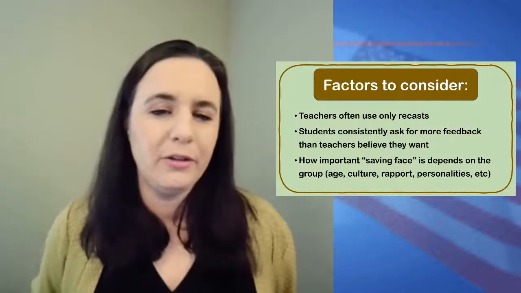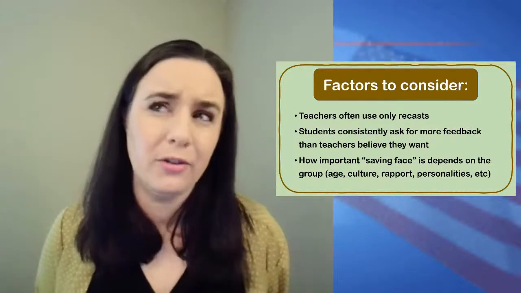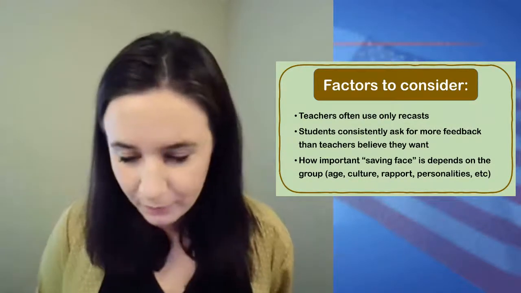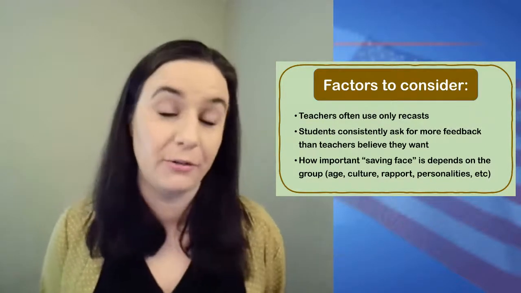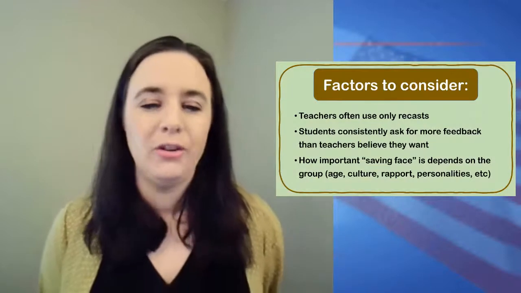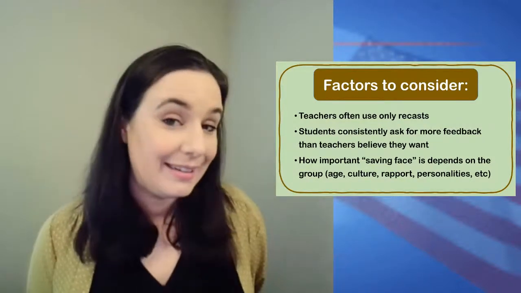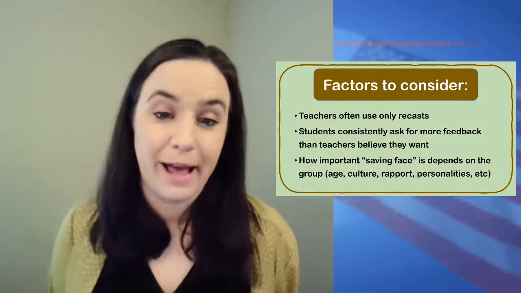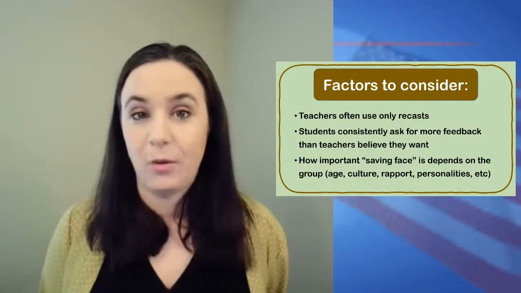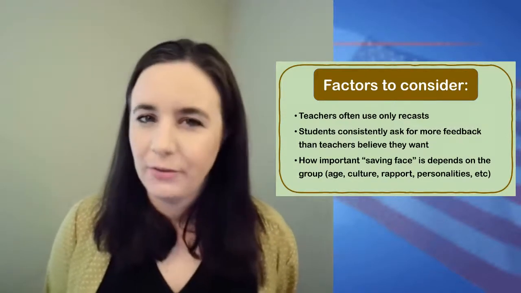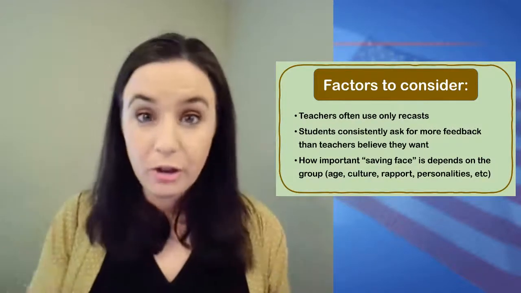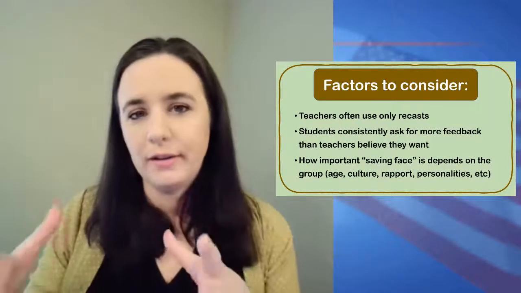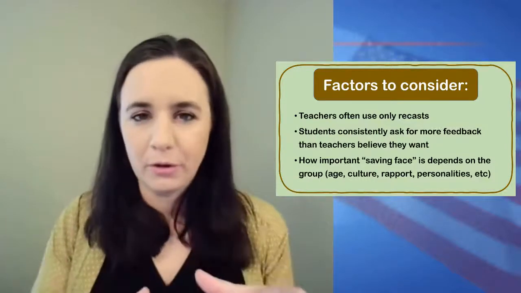Another thing that's really interesting when you look at the research on this, and like I said, this model was written back in 1997, so people have been working with these six for a long time. Students consistently ask to be given more corrective feedback than teachers believe they want. It's kind of strange because teachers, we really do worry a lot, and we should worry about our students' affective state, their emotional state.